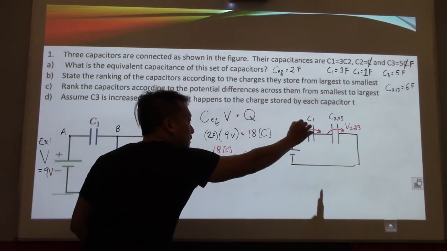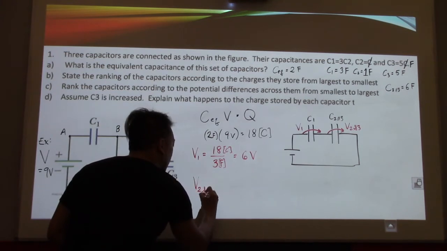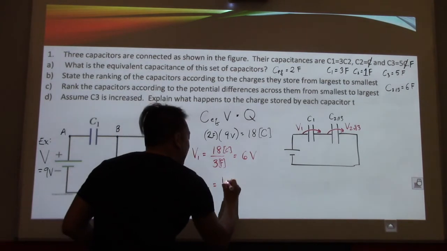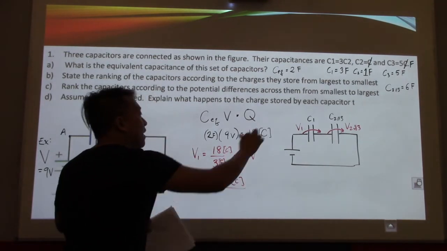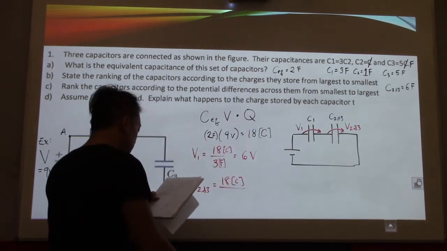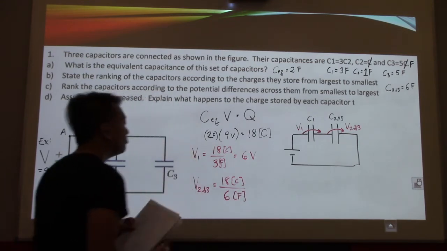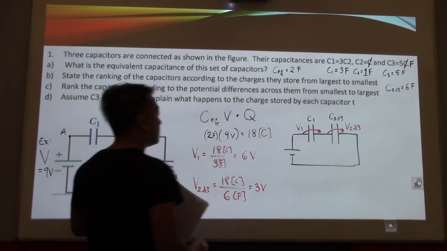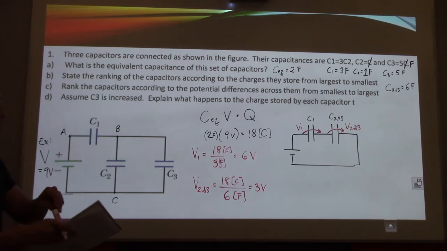Let's look at the voltage of the other part here. Voltage 2 and 3. Well, it's going to be 18 coulombs of charge over that equivalent capacitance, which we said was 6. So that's going to be 6 F. So 18 divided by 6 is 3 volts. Okay, that's for the combined.